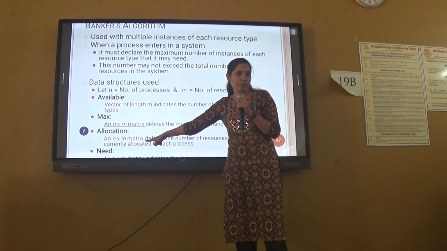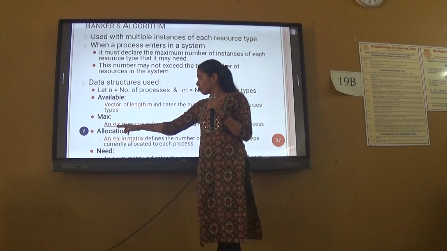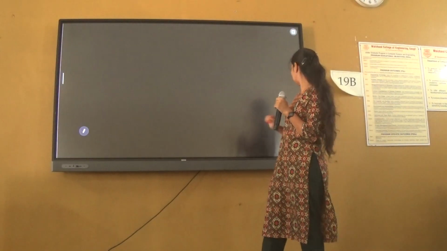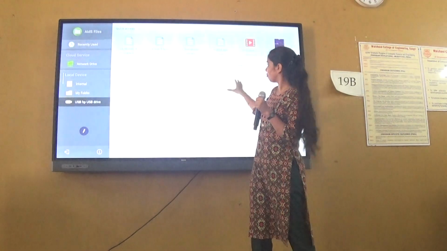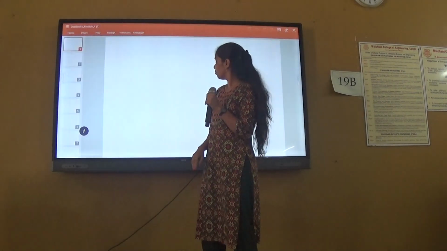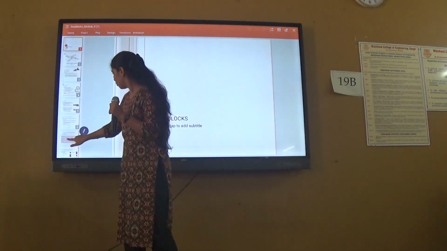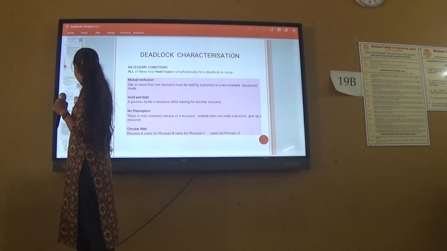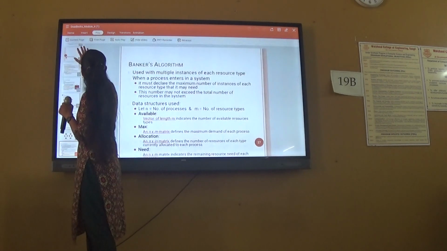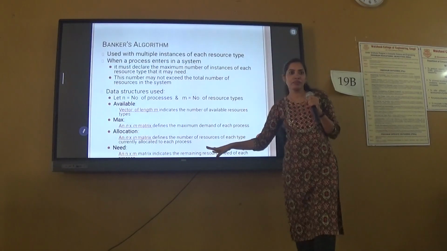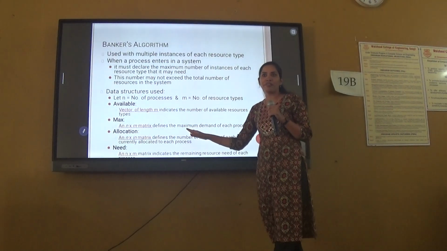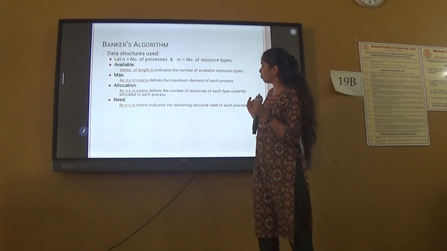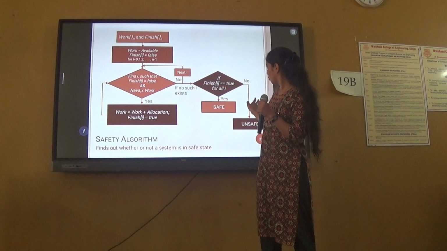Allocation is, out of whatever their max demand is, how many we have allotted. And need is max minus allocation.